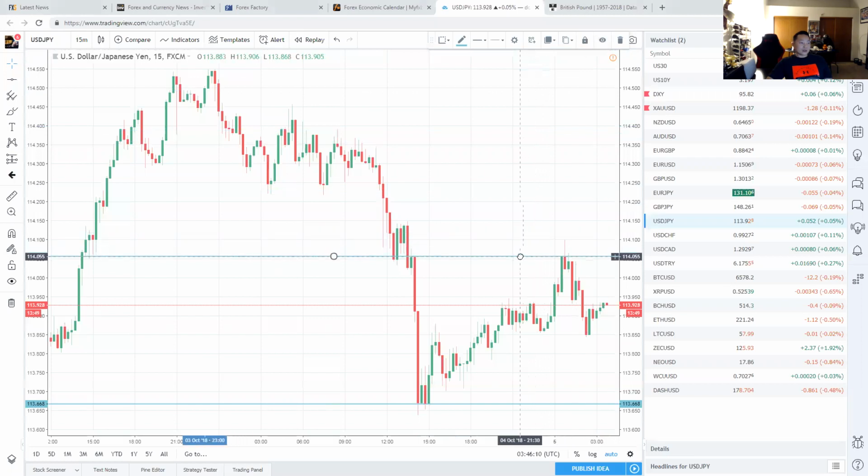I don't recommend adding horizontal lines because it just gets too confusing. Now, you know that these two resistances meet up, and we know that this is the lowest price of today. So now we're looking to see where it's going to go. Now you have a really tight, narrow price gap where it's going to consolidate throughout the whole night. And then you're looking for a breakout to shoot above 114, because that's where it fell back, and this is where it fell back again on the previous session.